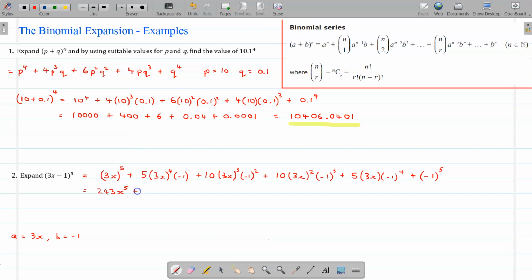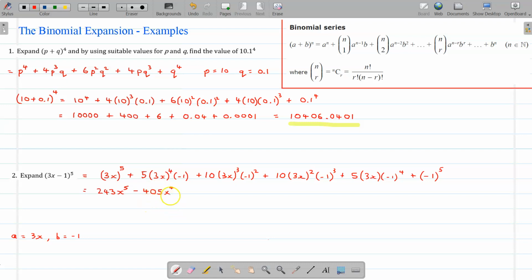The second term: 3 to the 4 is 81, so it's 81 times 5, which is 405. And it's not actually going to be plus, it's going to be minus, because I've got a minus 1 there. So it's going to be minus 405x to the 4.